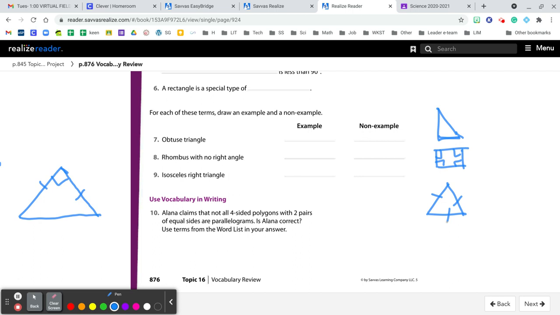Alana claims that not all four-sided polygons with two pairs of equal sides are parallelograms. Is she correct? Use terms from the word list in your answer. So we'll just say yes, she's correct.